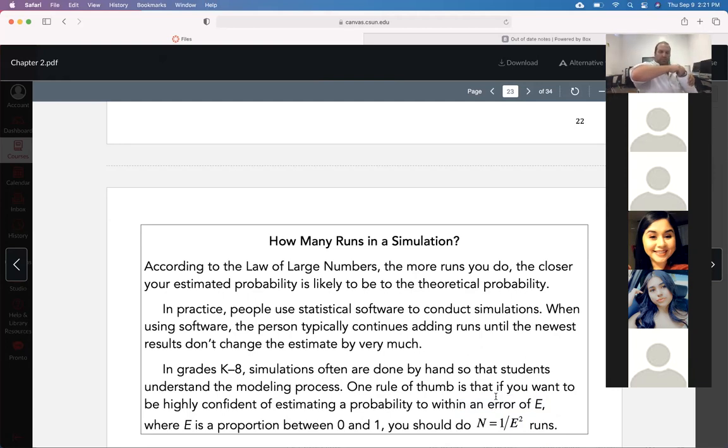I got 10,000, am I right? Yeah, 10,000. So the rule of thumb says that if you really want to be pretty certain that your empirical probability is within 0.01 of the true probability, you should do 10,000 runs.